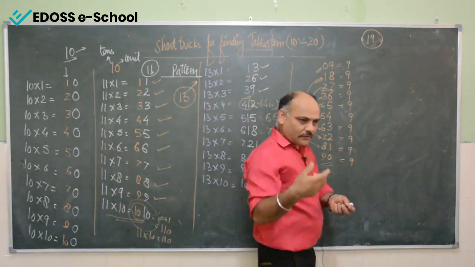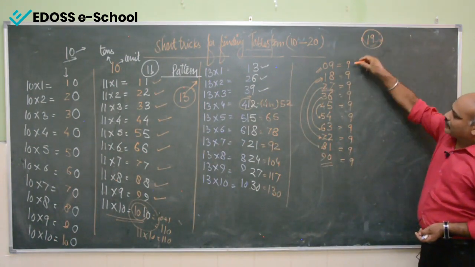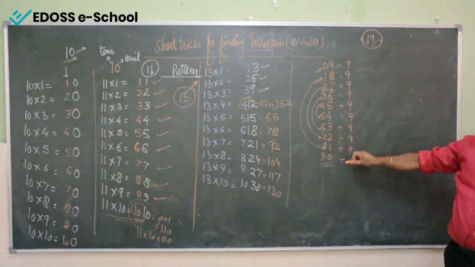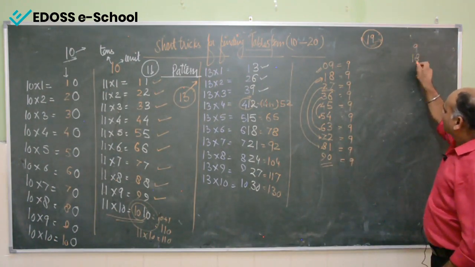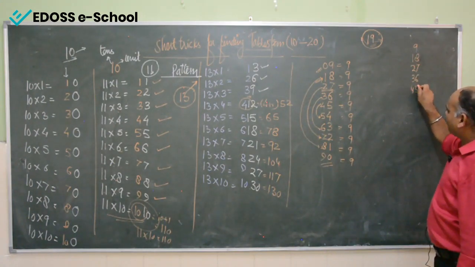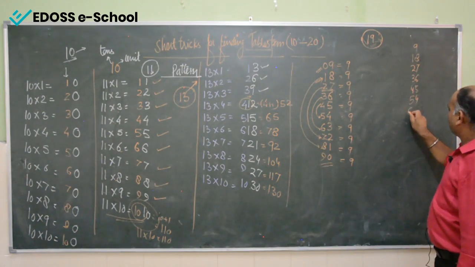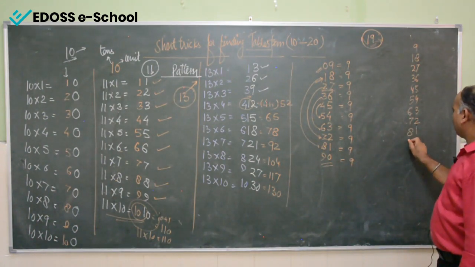Then what we have to do: first you have to write the digit table of 9. Here I have written the table of 9: 9, 18, 27, 36, 45, 54, 63, 72, 81, 90.